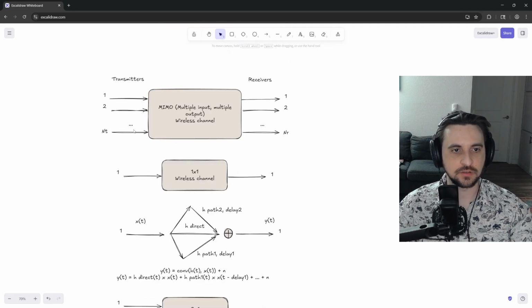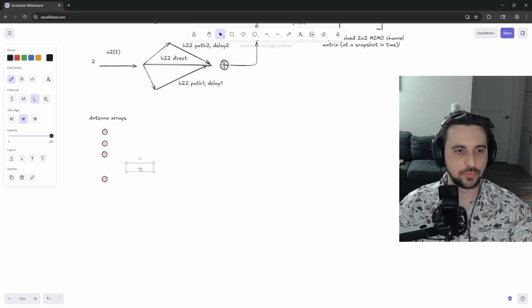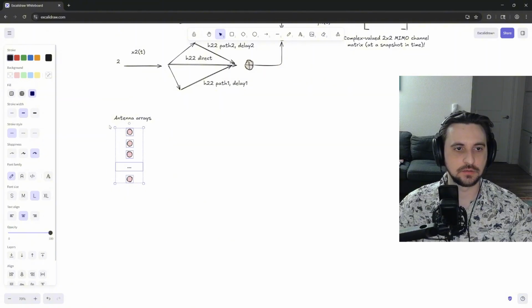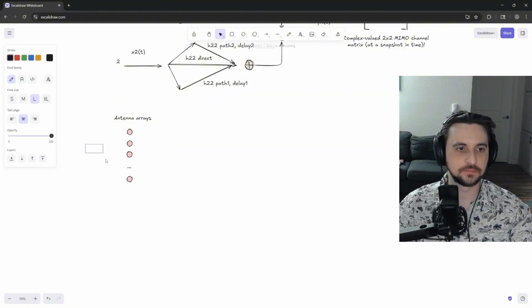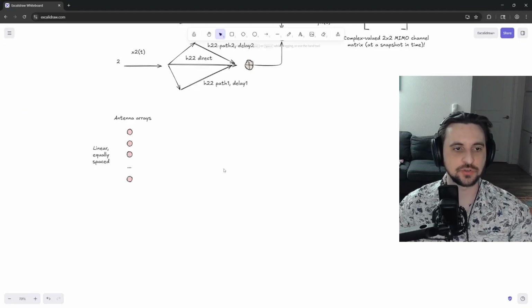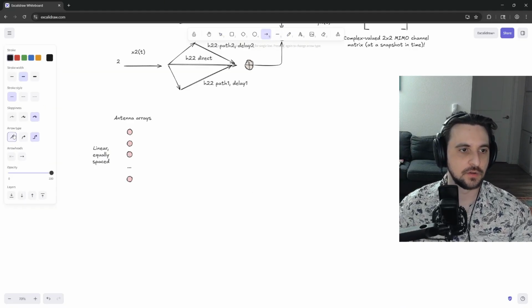So this is what you would call linear equally spaced. Okay, so there's also a spacing parameter here.